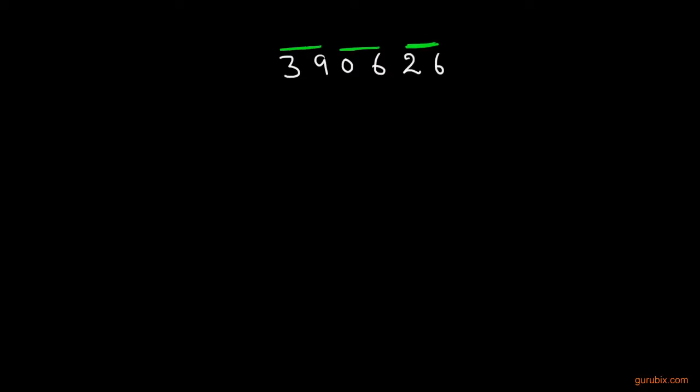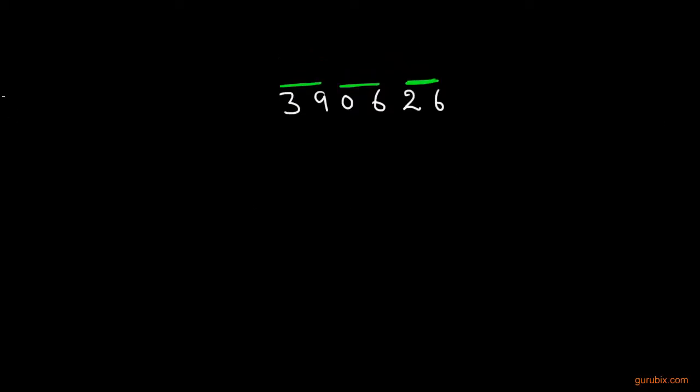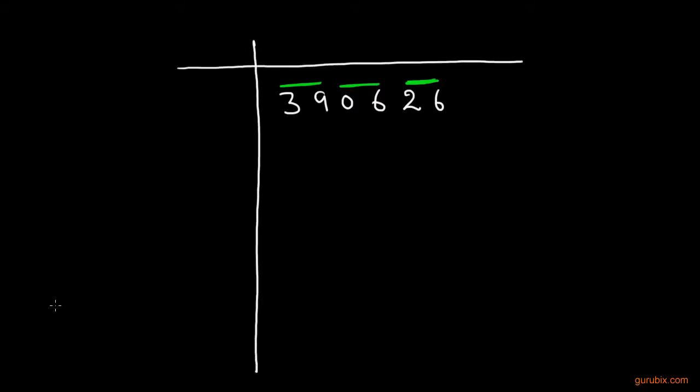So we have exactly 3 pairs, and now we shall draw 2 lines like this, and now we shall think about a number whose square is less than or equal to this 39, the first pair of the digits.